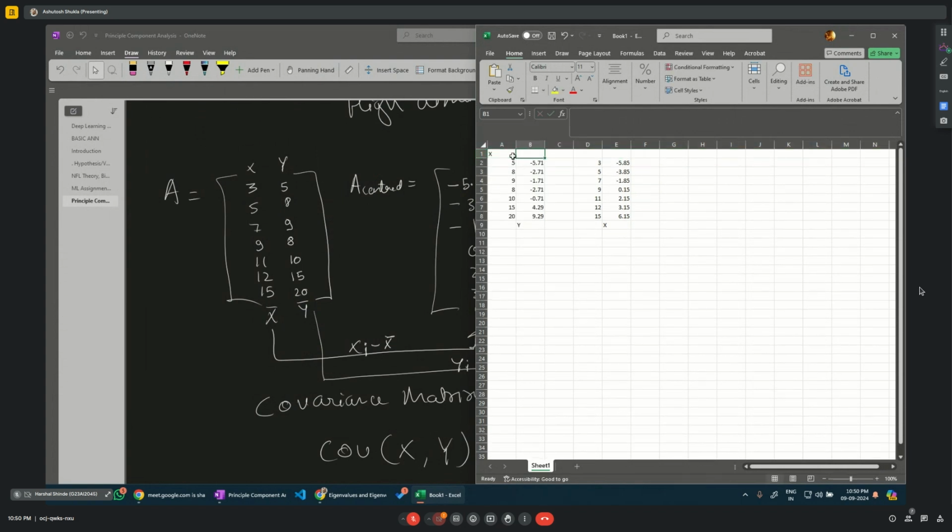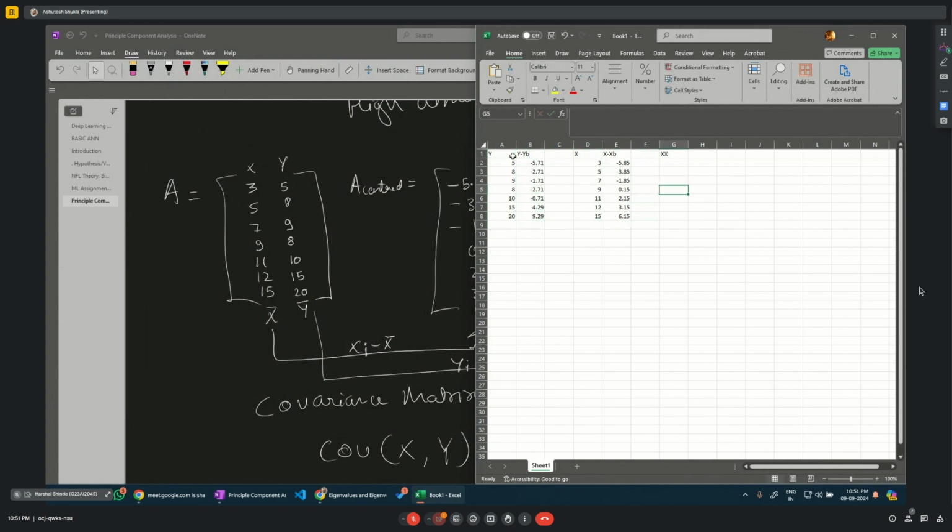This is x, this is x minus x bar, this is y, this is y minus y bar. So now we will have xx. Sorry, oh, this is x. Shoot, x bar is here. X minus x bar. That one is y. Y minus y bar. Making small mistakes.